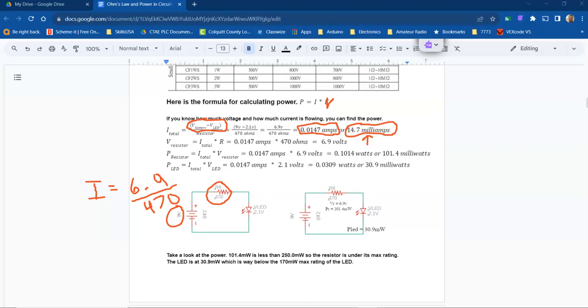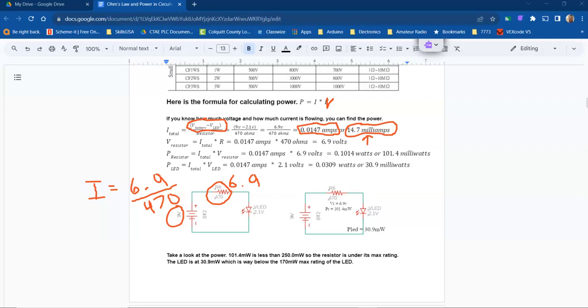So now that we have a current and we have the voltage flowing across each of these devices, because guess what? 6.9 volts, you've already figured out what the voltage is flowing through this when you did your subtraction earlier. All this does is prove to you that 14.7 milliamps times 470 ohms is still 6.9 volts.